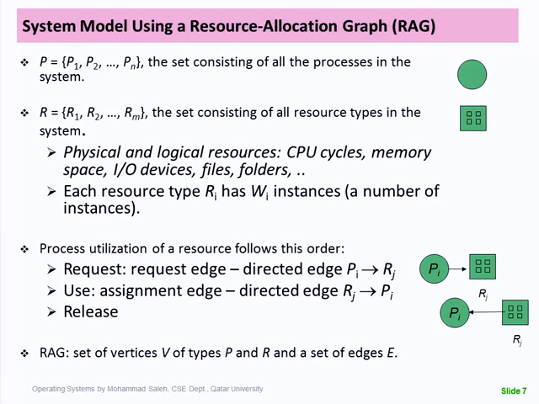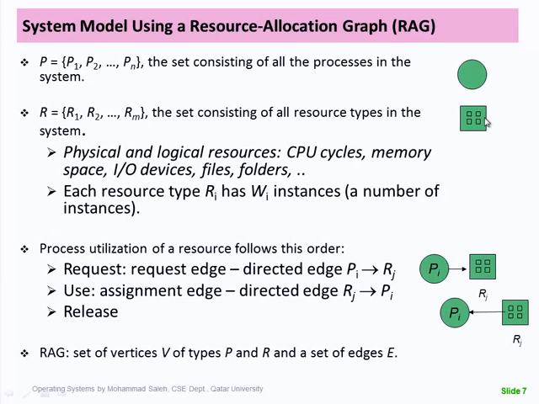We are going to introduce RAG, the resource allocation graph, in which we will show resources and their instances that are available in the system, as well as the processes that are running in the system. A process is represented by a circle, while a resource is represented by a square. So you see, this is a representation of a process, and this is a representation of a resource.